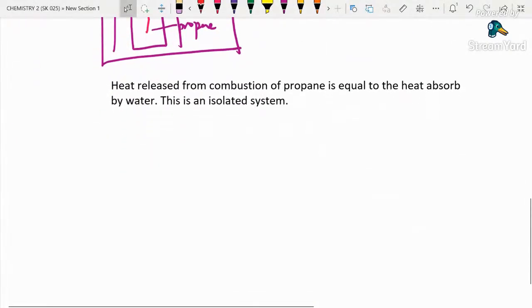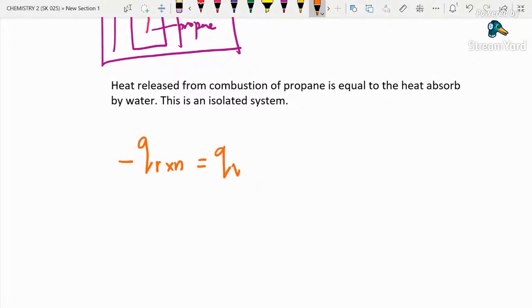Based on the assumption, kita boleh tulis heat of the reaction, which is the combustion of propane, heat release akan diserap oleh water. Dia tak cakap kan duduk dalam kalorimeter ke apa. Okay, now.